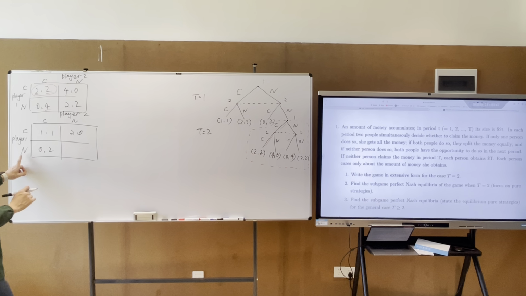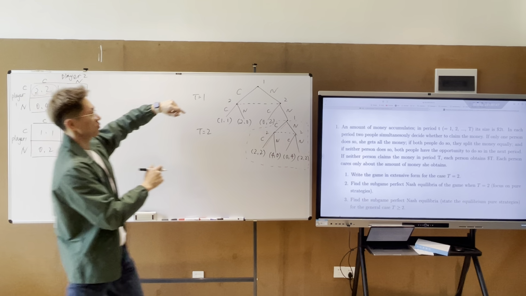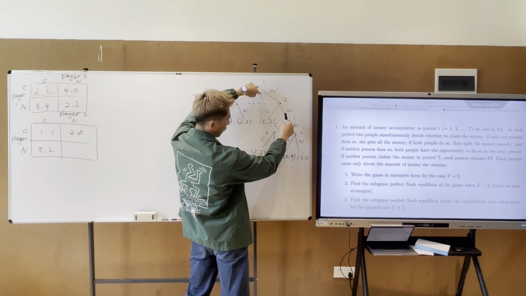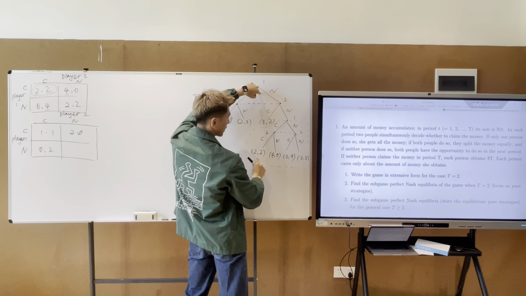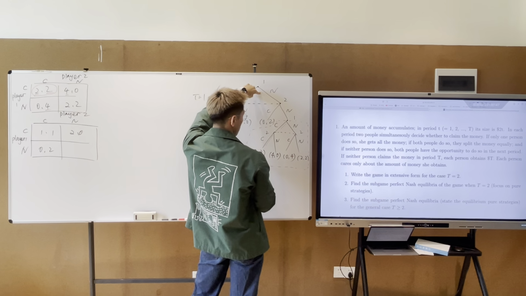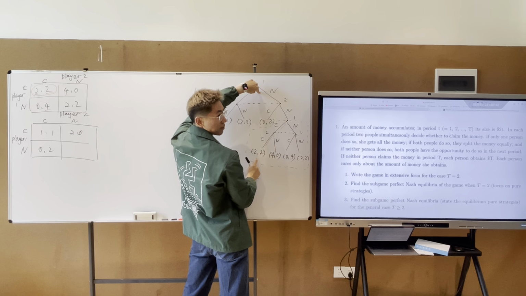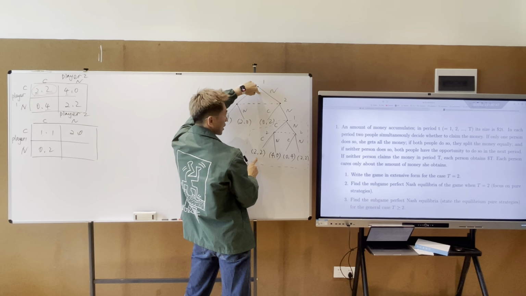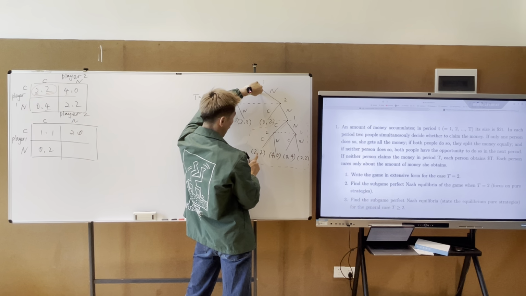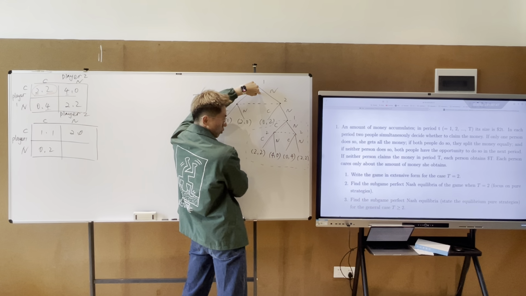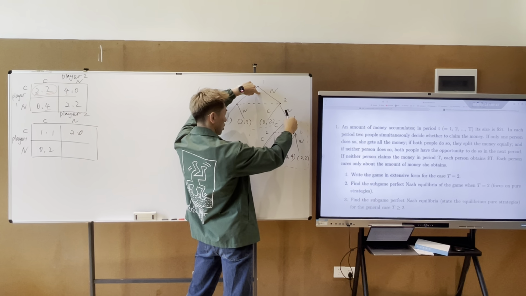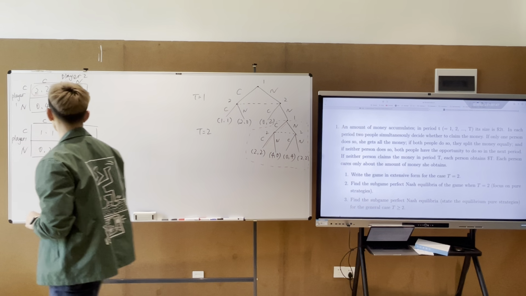And if player 1 chooses not to claim and player 2 also does not claim, this is this path, right? What is their payoff? Because in period 2 this is the only Nash equilibrium, the only possible outcome for period 2 is this. So if they both play not to claim, they get 2, 2.